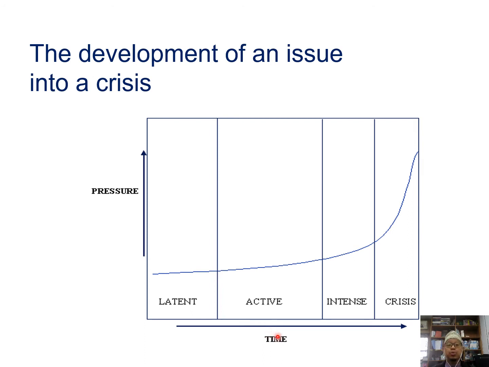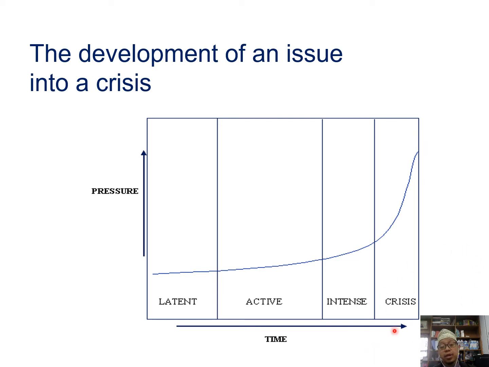If there are no corrective actions, or no strategy in curbing the issue from becoming more serious, then based on the time frame and the increment of pressure, it becomes intense. Finally, after maybe 9 months or a year, with very steep, drastic pressure from the public and the community, it becomes a crisis.